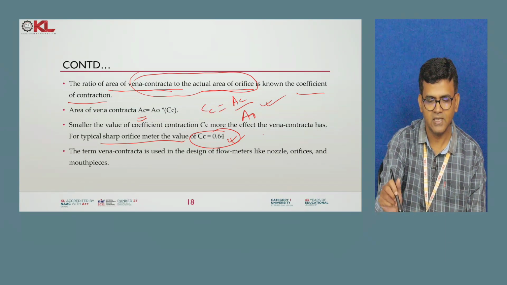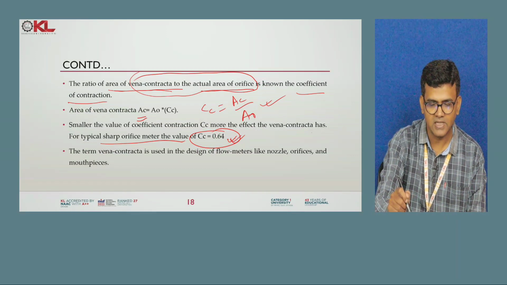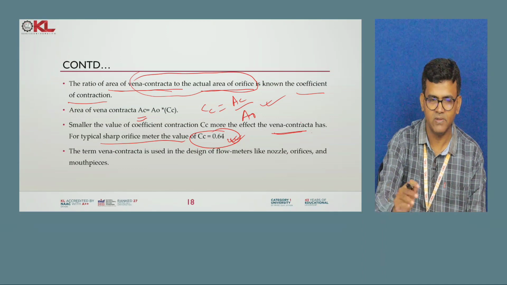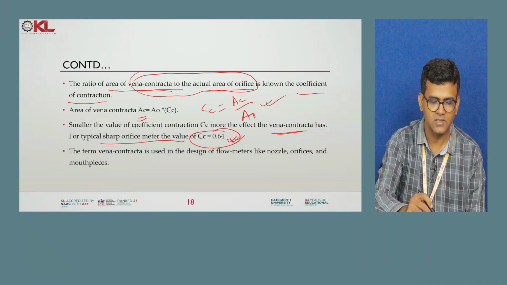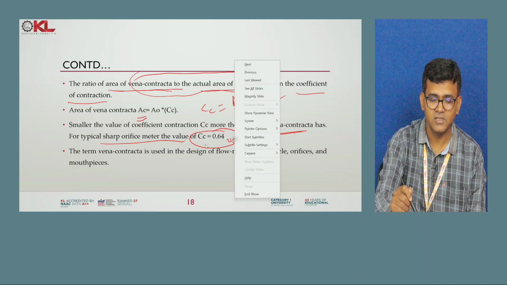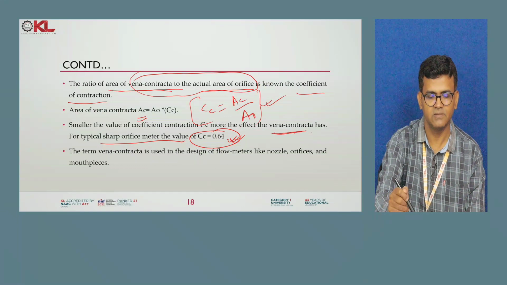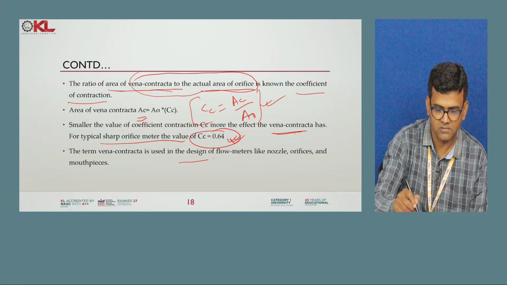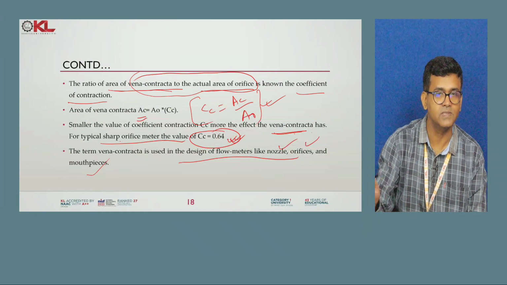If the coefficient of contraction is high, then the vena contracta effect will be less. Its effect will be more when the Cc value is less. This is used in the design of flow meters like nozzles, orifices, and mouthpieces.